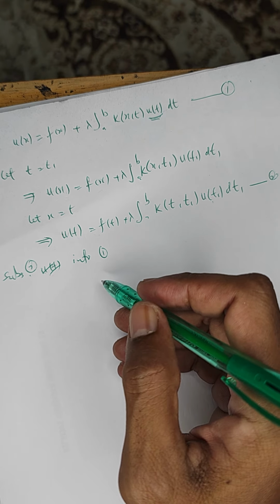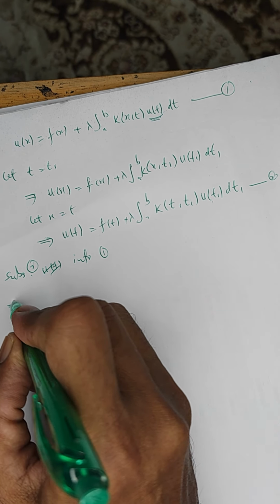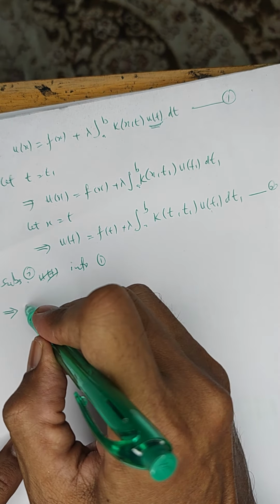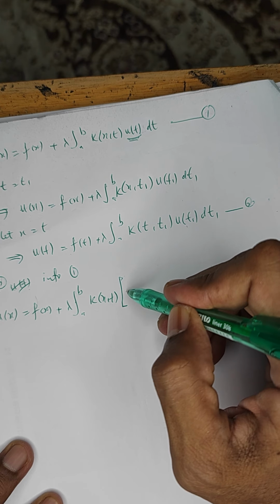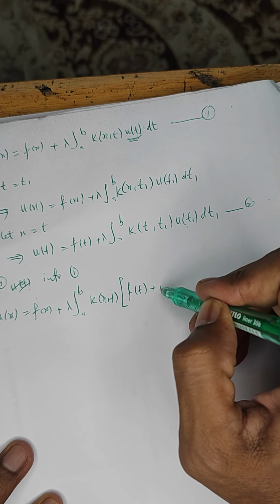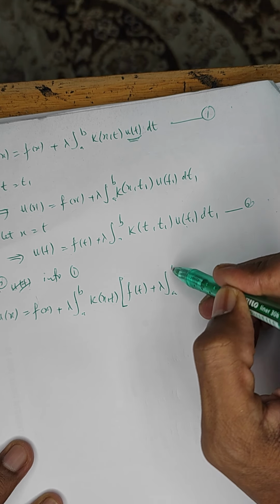So what we have is that u(x) is equal to f(x) plus lambda integrate a to b k(x,t), and then u(t) is given here, so I substitute that. So we have f(t) plus lambda integrate a to b k(t,t1) u(t1) dt1, and then we have dt there.